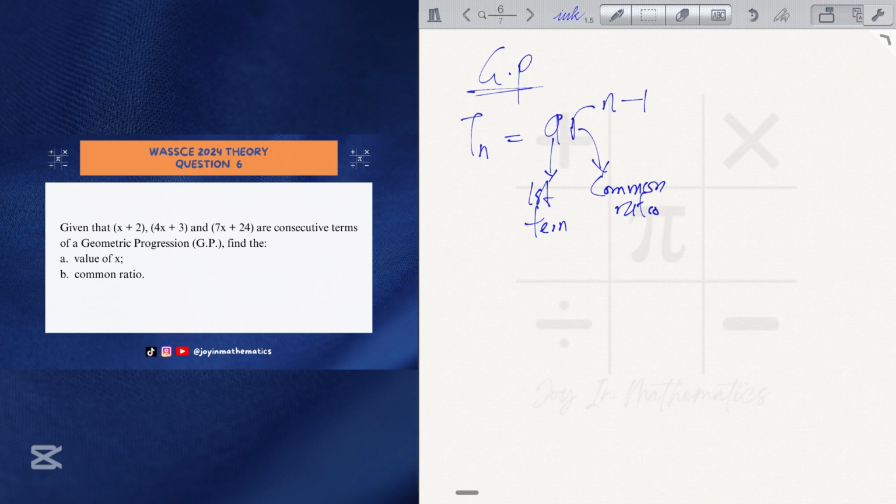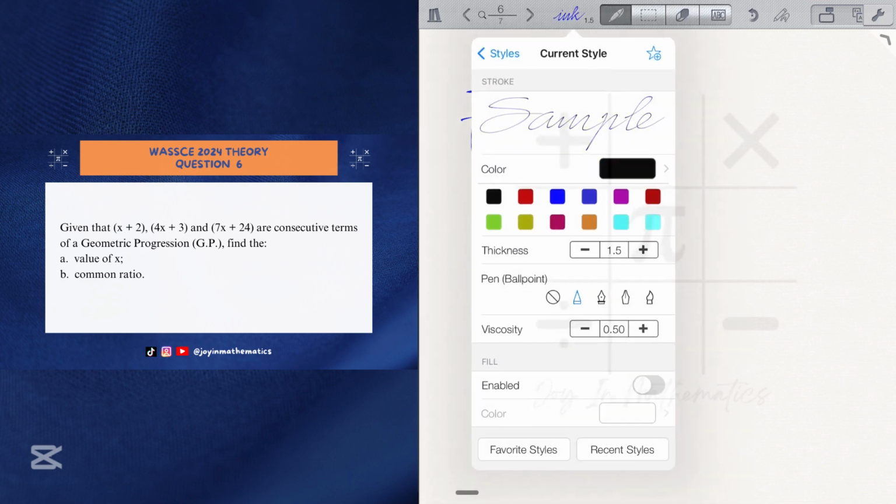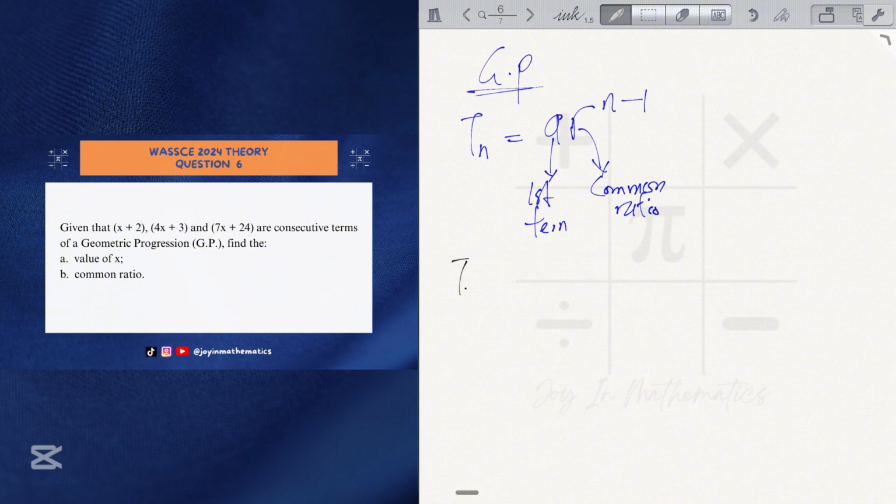So wherever we see n, we substitute the value of 1. So t1 equals a multiplied by r raised to the power 1 minus 1. So t1 is equal to a times r raised to the power 0, and anything raised to the power of 0 is 1. So this will be equal to a.